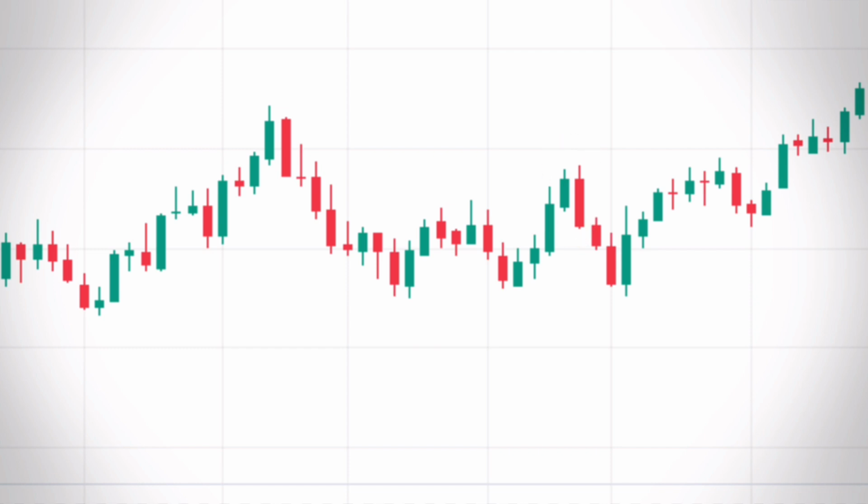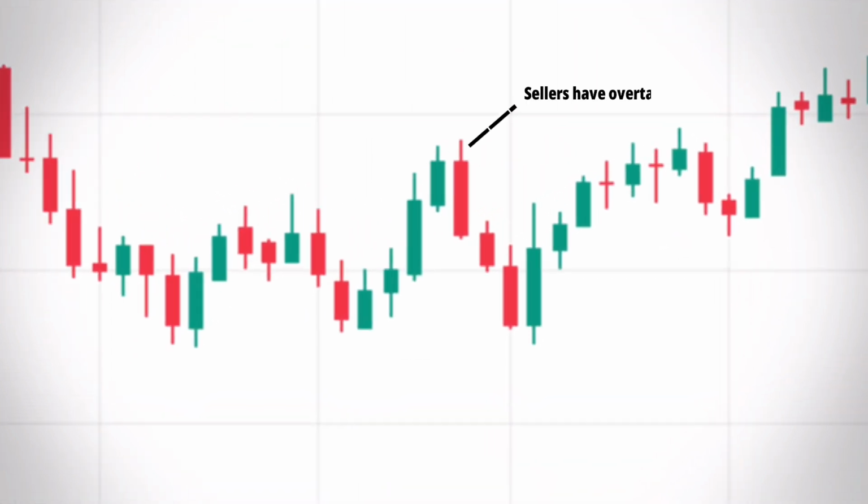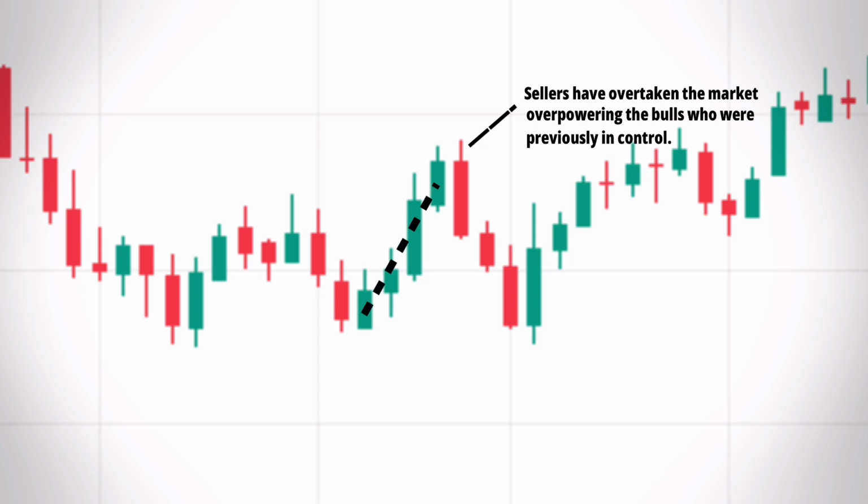It also indicates increased selling pressure. The large bearish candle shows that sellers have overtaken the market and are now overpowering the bulls who were previously in control. Of course, by now you already know that a bearish engulfing pattern signals a change in trend, that's from an uptrend to a downtrend. However, you should wait for confirmation before taking any action.